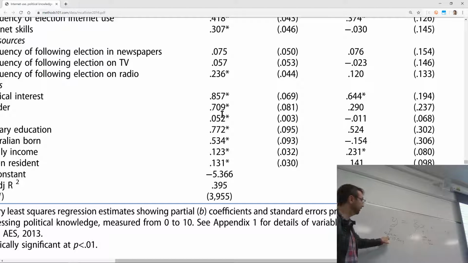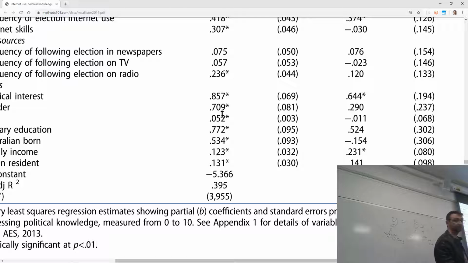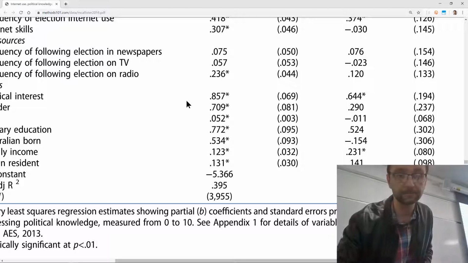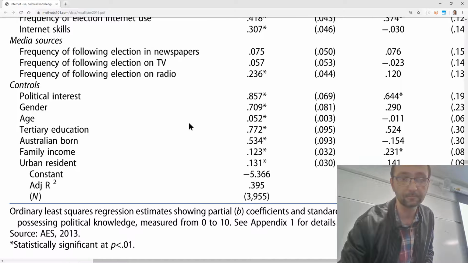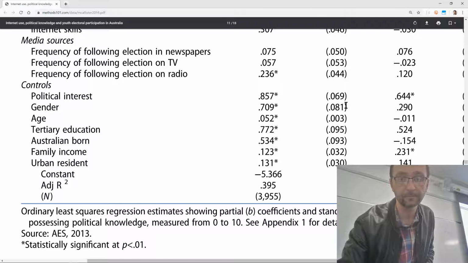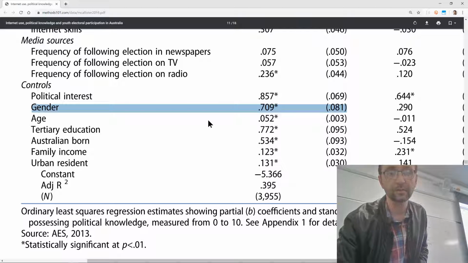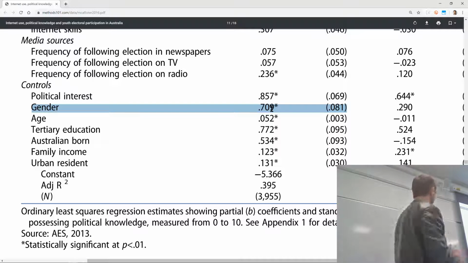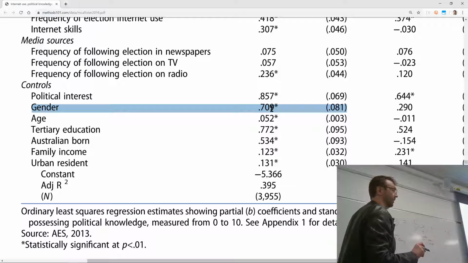I'm just talking about this line here. A coefficient in a regression always means, for 1 unit movement in the independent variable, how much does the dependent variable go up by?